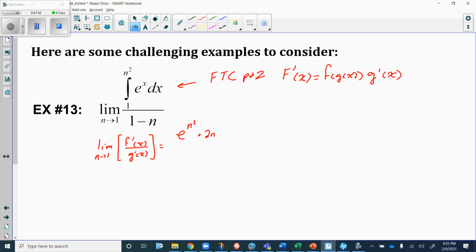Remember, we're taking this upper bound, and it's going to get substituted in here. That's what the f of g of x part is. And the g prime of x is the derivative of the n squared, so that's where I'm getting e to the n squared power times 2n. The derivative of the denominator is going to be a negative 1.